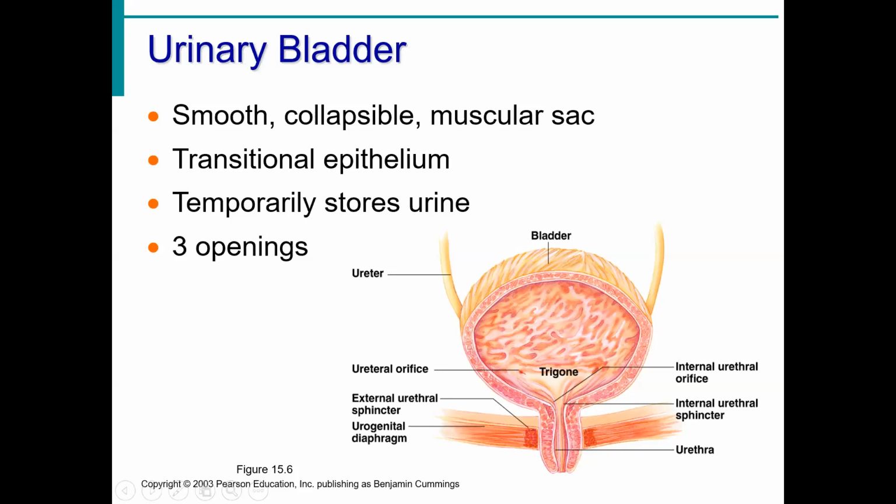Once these connections are established, you can control when to open or close this strong external sphincter. The internal sphincter is made of smooth muscle cells, a relatively weaker sphincter.